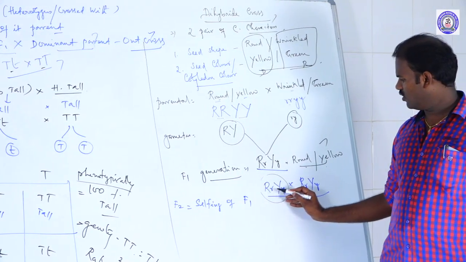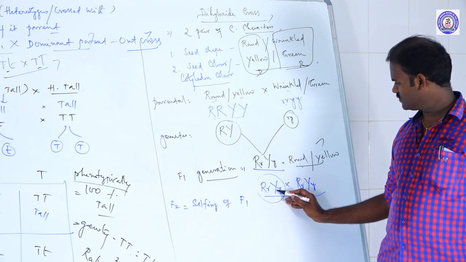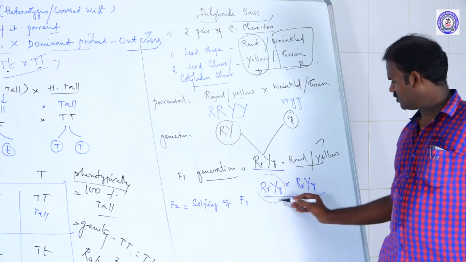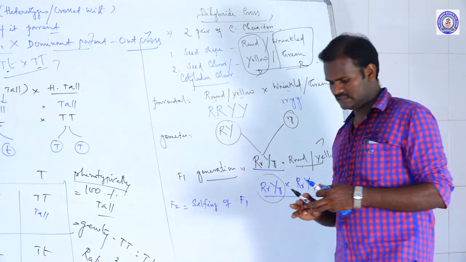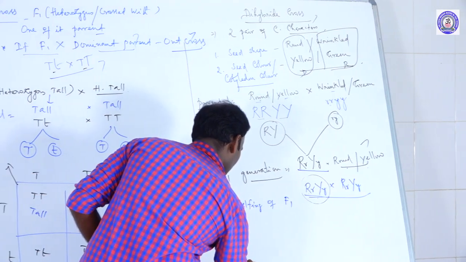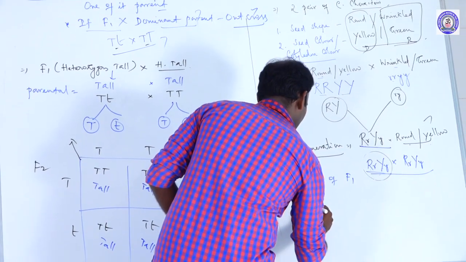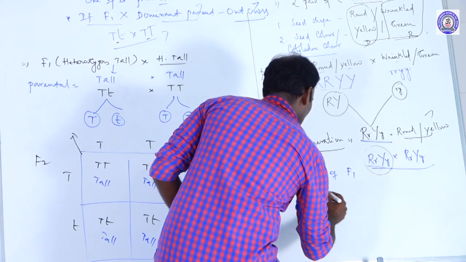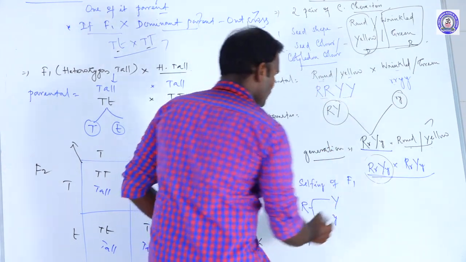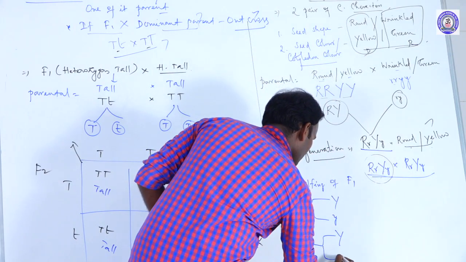This capital R is fused with the capital Y and small y. These small r are fused with the capital Y and small y. Similarly for the other parent. To understand how to take the gametes easily: this capital R and small r, this capital R fuses with both capital Y and small y, and this small r also fuses with both capital Y and small y.